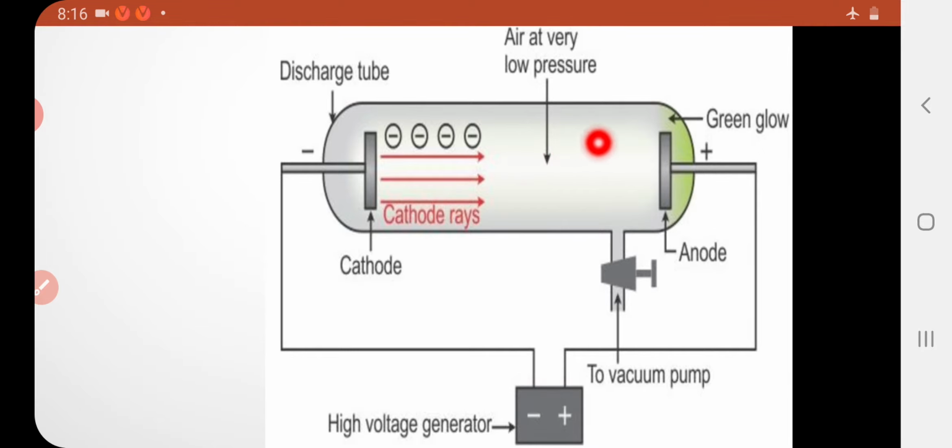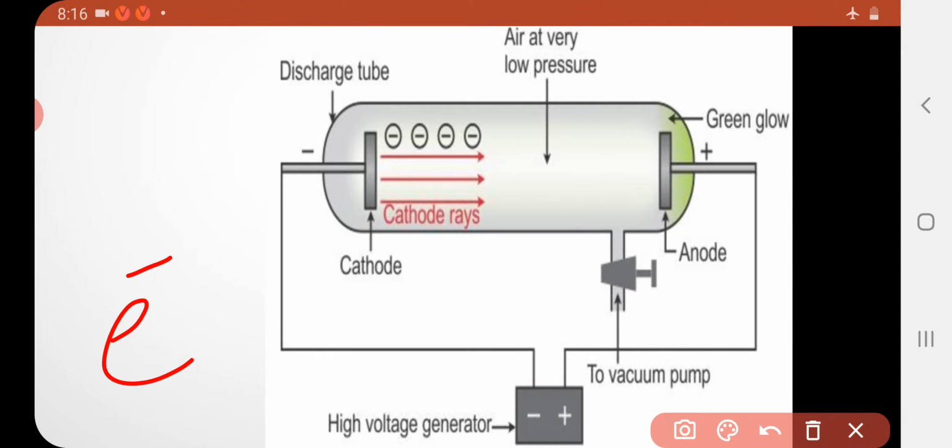Then he observed that some rays are generated from the cathode, and they create a green light. So he concluded that the rays produced from the cathode are called cathode rays, and since the cathode is negatively charged, these are called electrons.